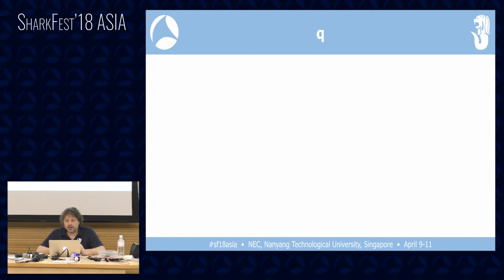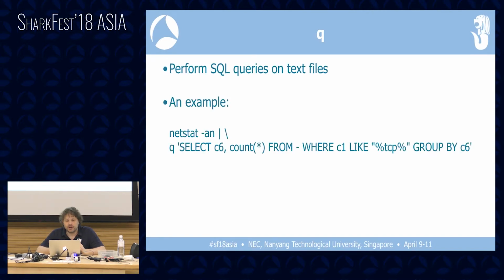Then there's q, and I'm not talking about Q from Star Trek. I'm talking about q, the command line tool that makes it possible to run SQL commands on your text files. So the example that I just did with Awk, you can do that with q as well. You just get the netstat output.